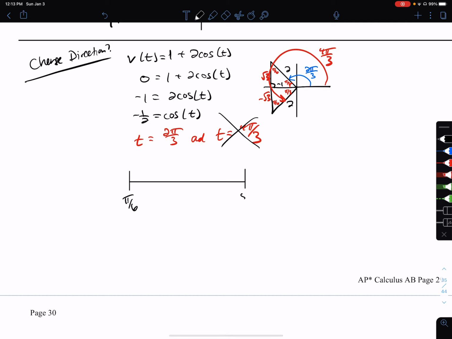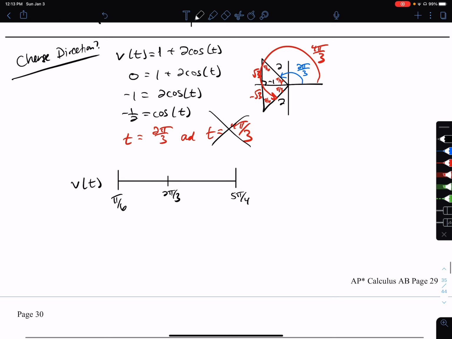Beginning, end, and where it's equal to 0 is at 2 pi over 3. This is the velocity. If I pick a test point here, like if I choose t equals pi here, and let's say over here I choose t is pi over 2.